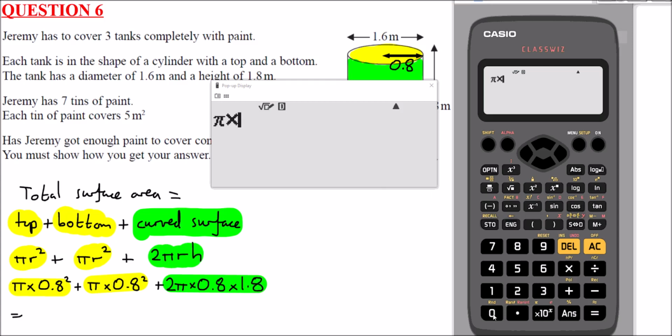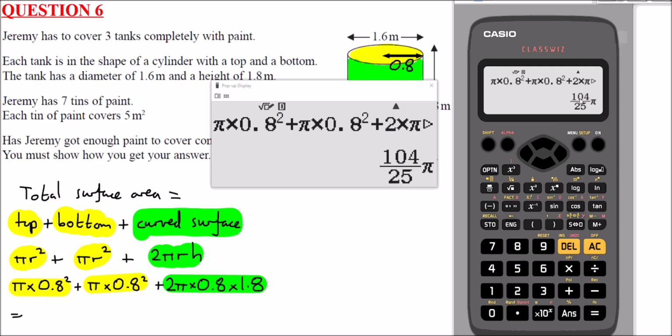So pi times 0.8 squared plus another shift pi times 0.8 squared, then plus 2 times shift pi times 0.8 multiplied by 1.8. We get 104 over 25 pi, which you can leave like that if you want to. Alternatively, you can get it into a decimal by pressing this, and give it to many more decimal places than you think you might need, to make sure there's no rounding error creeping in at the end of the calculation.